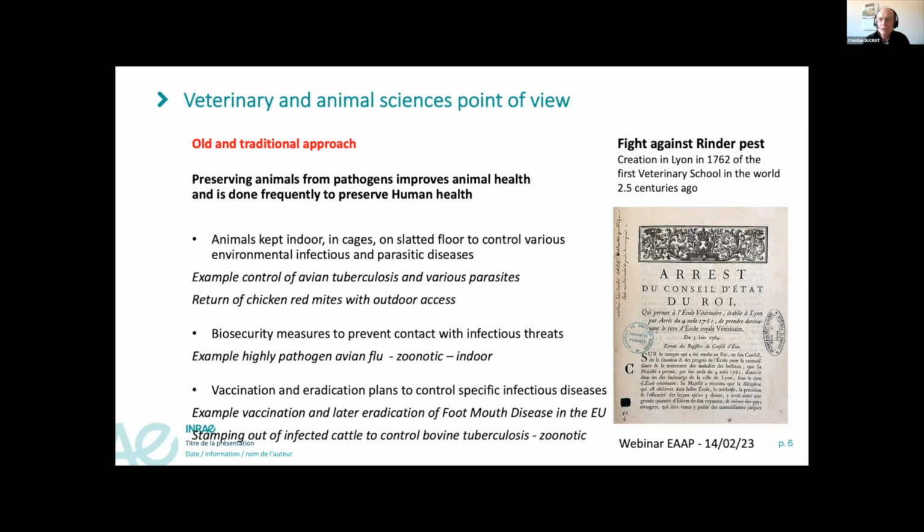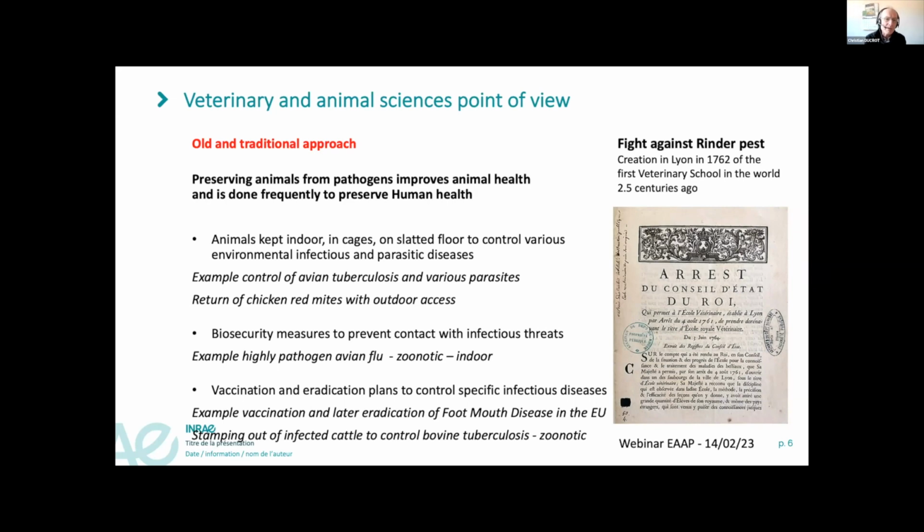Even 2.5 centuries ago, the fight against rinderpest in France was the occasion to create the first veterinary school in the world, in 1762. So the idea is to preserve animals from pathogens by different means.